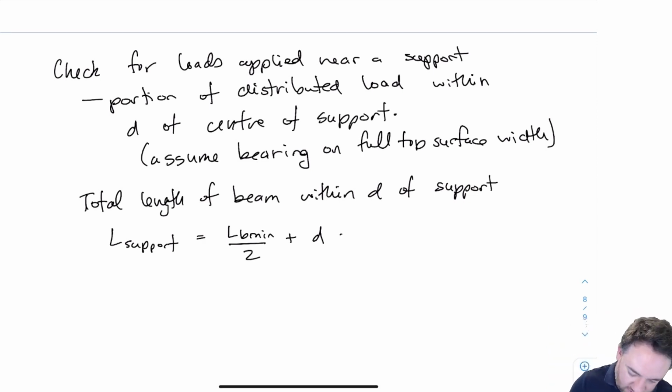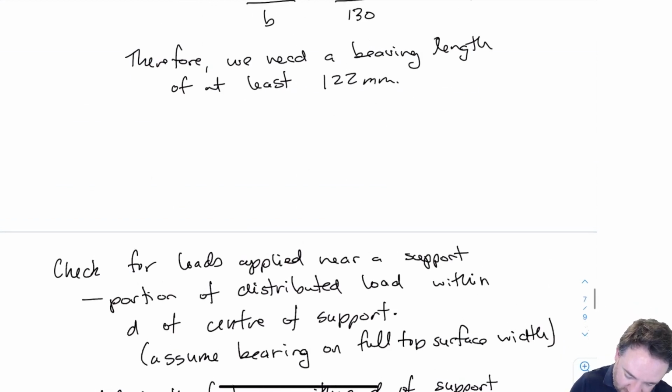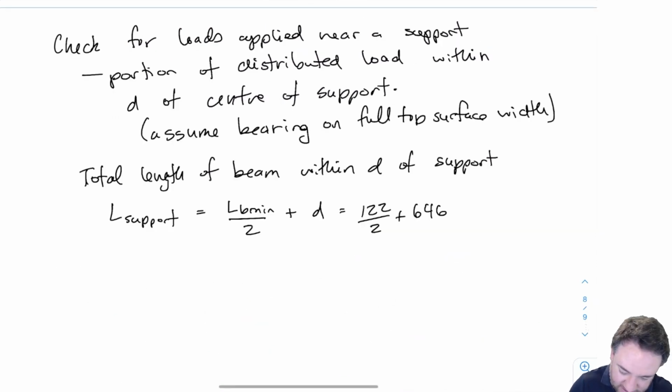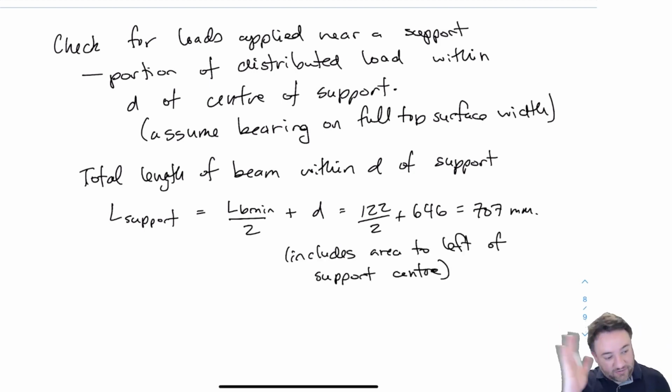Okay, so what was our LB min was 122 divided by 2 plus D is 646. And what we get is 706. Let's call that 707 actually, millimeters. So that includes the area to the left, or to the outside, if we're talking about the left one, to the outside of the support center. So that's the total length of the load.